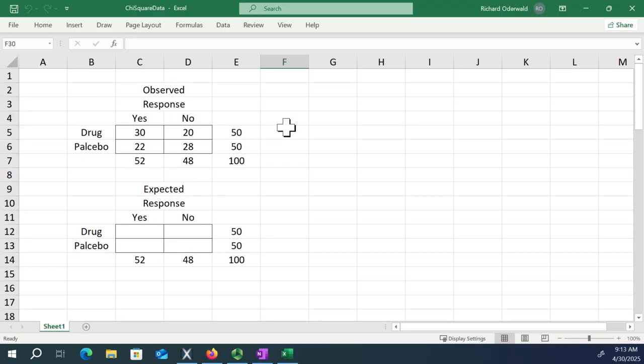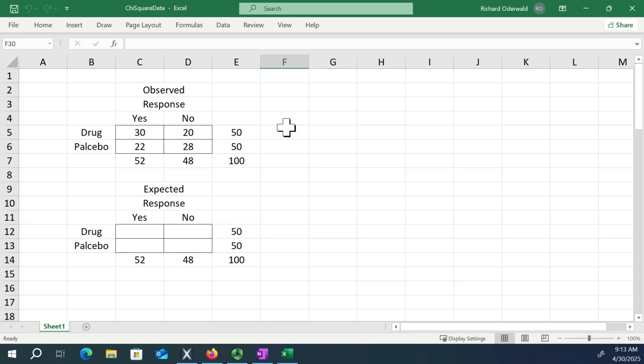This is used in drug tests. Does the drug really work? So that I gave the drug to 50 people and I gave a placebo to 50 people. And this is in a double-blind study. These are done so that neither the doctor nor the patient knows what treatment they're receiving. So we've got 50 people getting the drug, 50 people getting the placebo, and the question is, does the drug work?